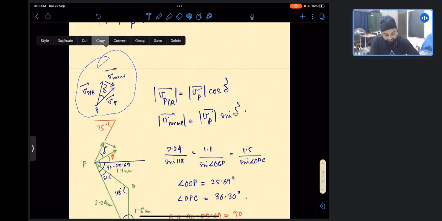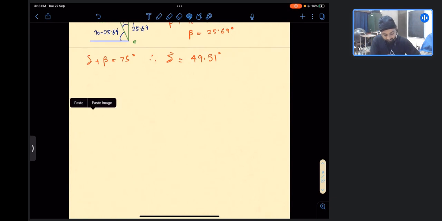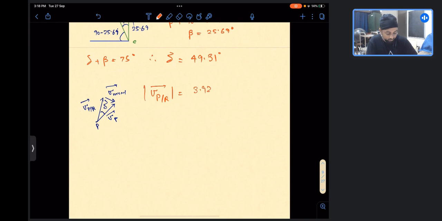We have determined delta. So what is our Vp magnitude? It is nothing but Vp magnitude, which was 3.92, cos of 49.31, which comes to 2.55 meters per second.